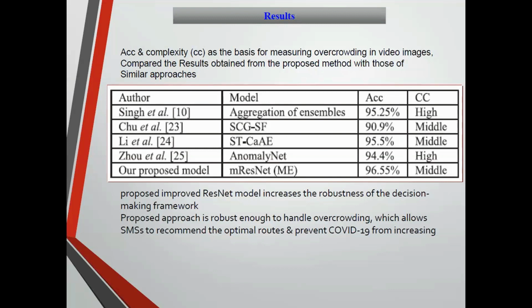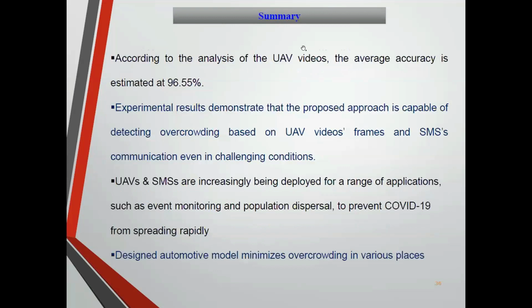In this structure, we have discussed the social monitoring system, and in the last one we recommended the optimal rules and how it prevents COVID or increasing spread. Next, this one is the summary.